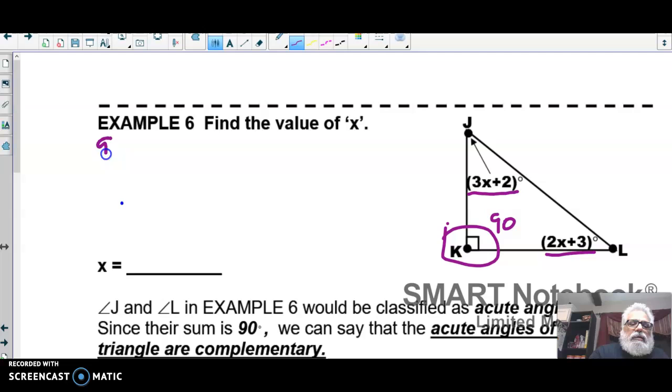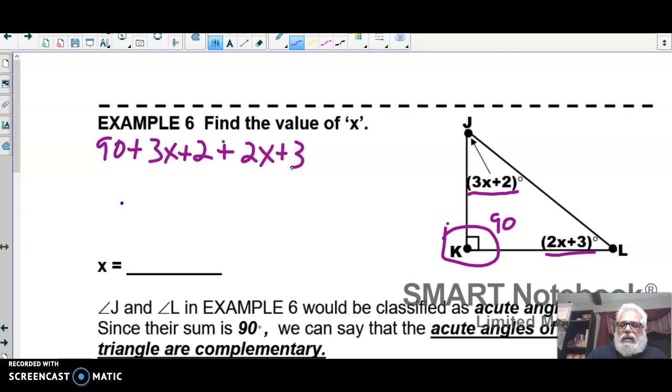So I'm going to have my 90 plus my 3x plus 2 plus my 2x plus 3. So I got my 90, I got my 3x plus 2, and I got my 2x plus 3.